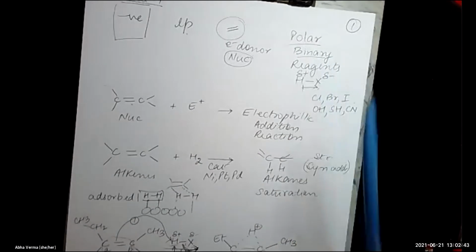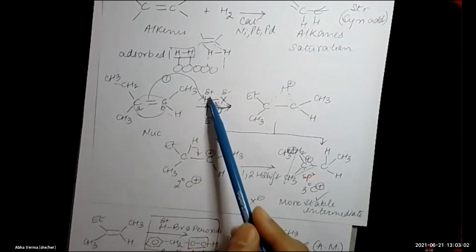For binary reagents, for polar binary reagents, a common mechanism works here. The pi bond will be the electron rich site, and it is going to abstract out the electrophilic part. For example, in HX kind of a reagent, H will be the electrophilic, electron deficient part.